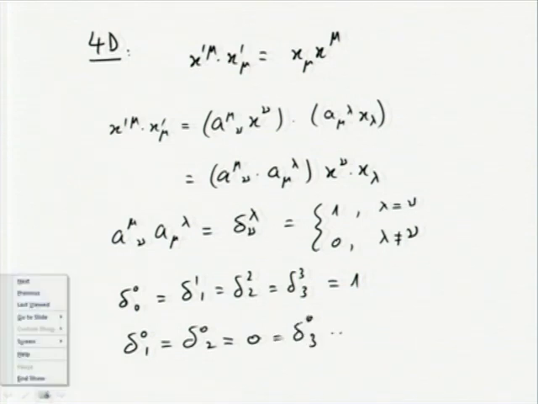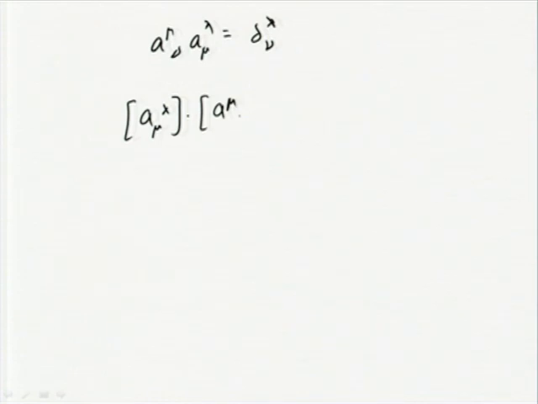Okay, so let me club this together in a matrix form. Let me write it down as a_μν a^μ_λ equal to δ_νλ. In matrix form, the corresponding matrices, the a_μν matrix times the a^μ_λ matrix, is equal to a unit matrix, δ_νλ.